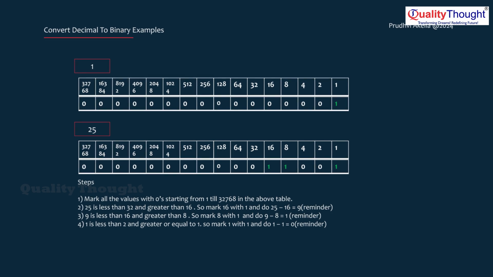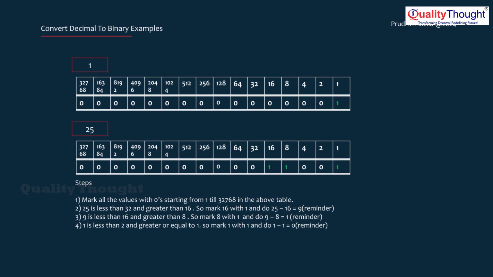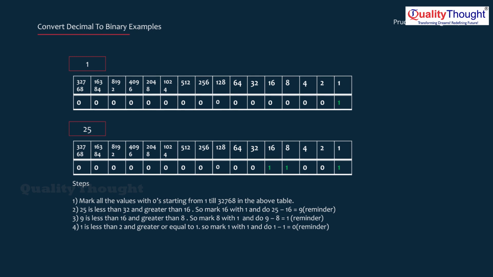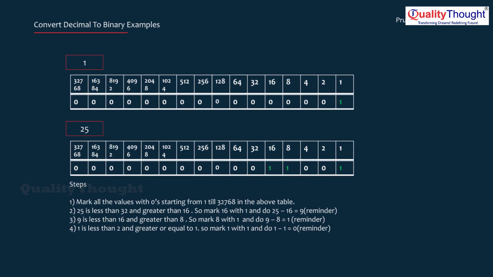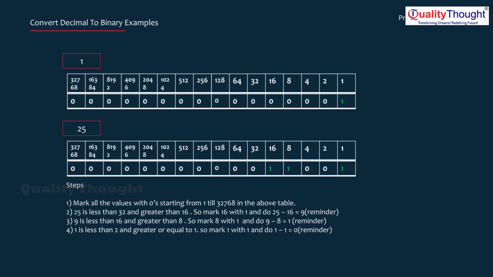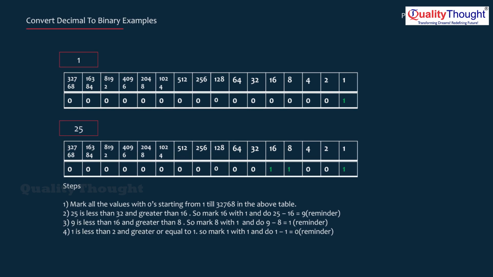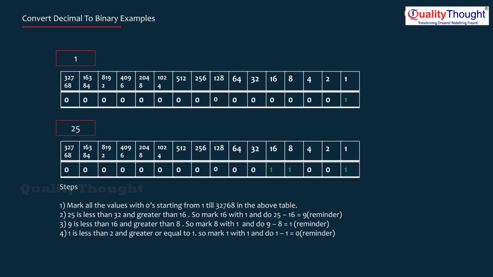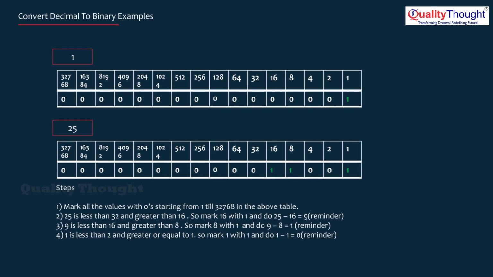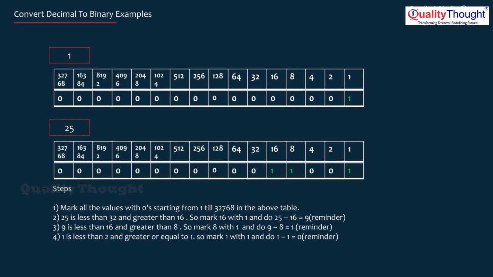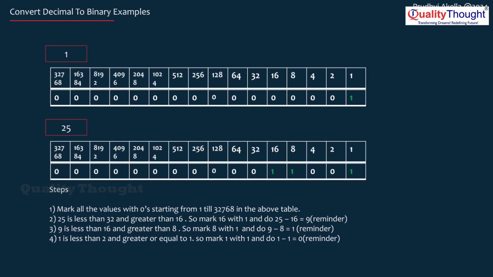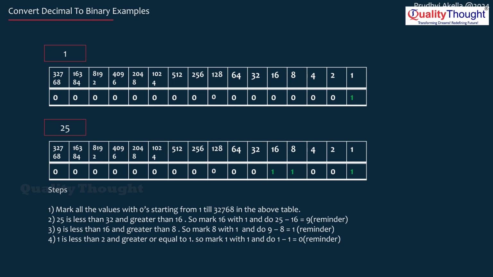Now let's take an example and understand how you can convert a decimal to binary easily in another approach. Let's say I wanted to convert the decimal number 1 into binary in a 16-bit representation, then I would have 16 bits with their respective powers on the top in the table below.